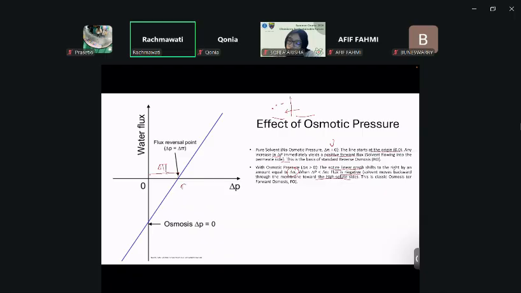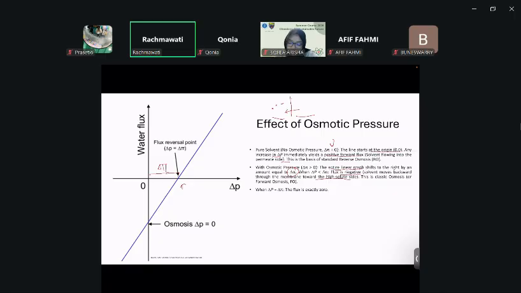So this is just classic osmosis. It's a negative flux. Classic osmosis is sometimes called forward osmosis. But when you apply delta P with the same amount as the osmotic pressure, then the flux is exactly zero.